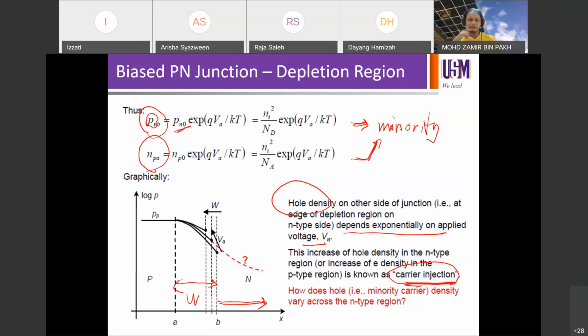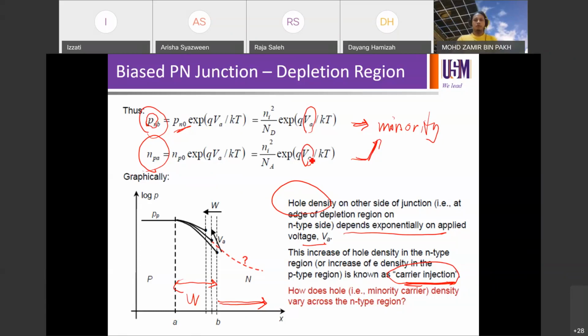That can be simplified as ni squared over ND. ni squared is known, ND is known, which is the doping level of N-type, times exponential qVa over kT, and the same goes for n_p0 as well: ni squared over NA. ni squared is known, NA is known, applied voltage is known, and q, k and T are known as well. So you can then calculate n_p at different levels of applied bias.